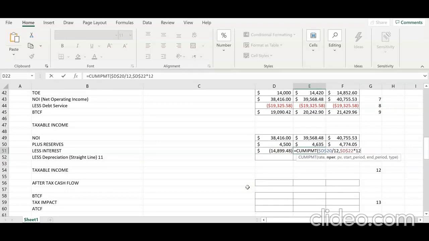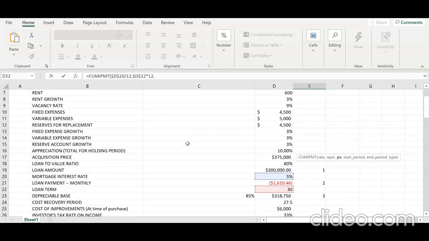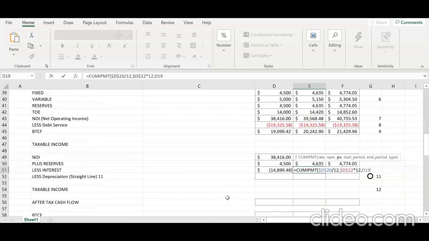Multiplying by 12, and then we're going to have the loan amount and then lock it down.